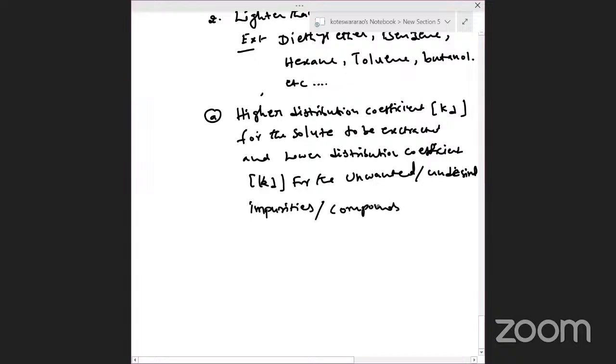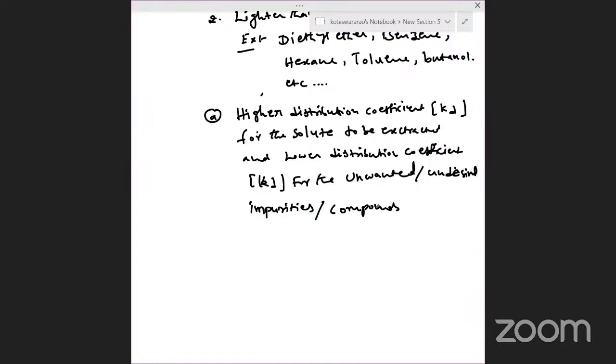Okay, this is the first important factor, because whenever we are selecting the solvent, it should be in such a way that it dissolves the solute more, and it should not dissolve the unwanted or undesired products. That depends on the distribution coefficient.